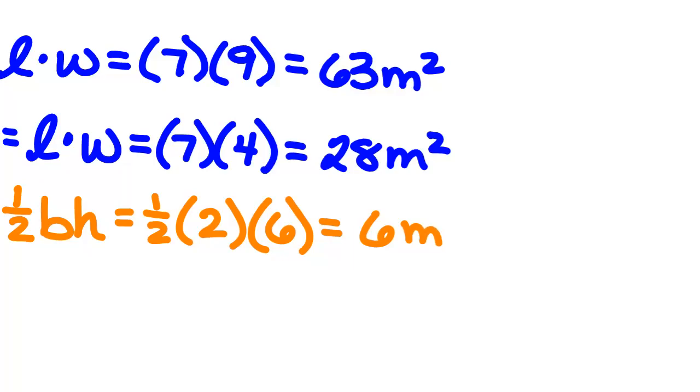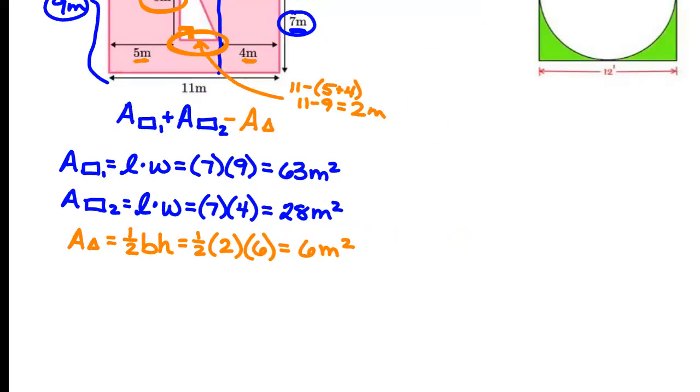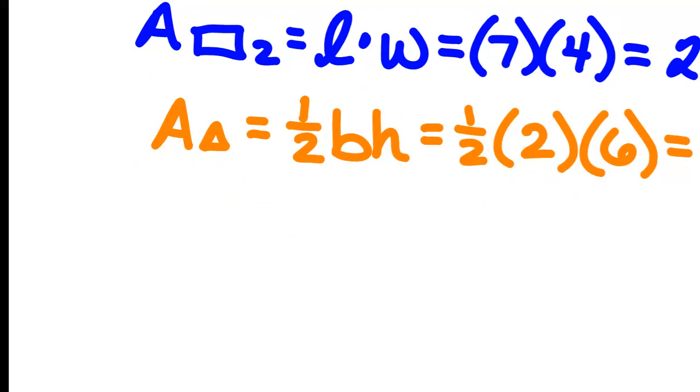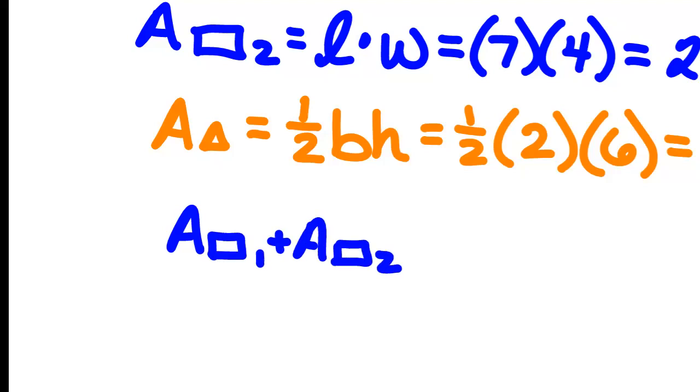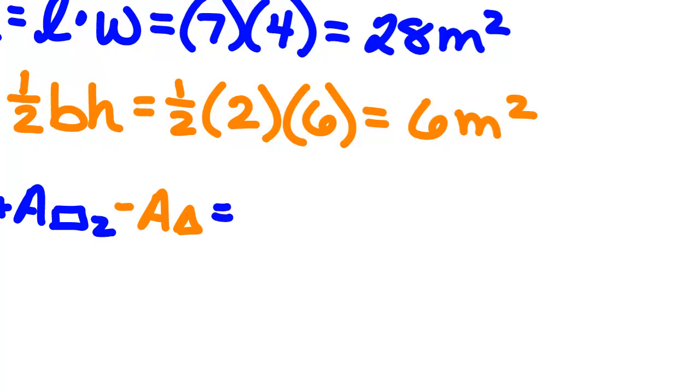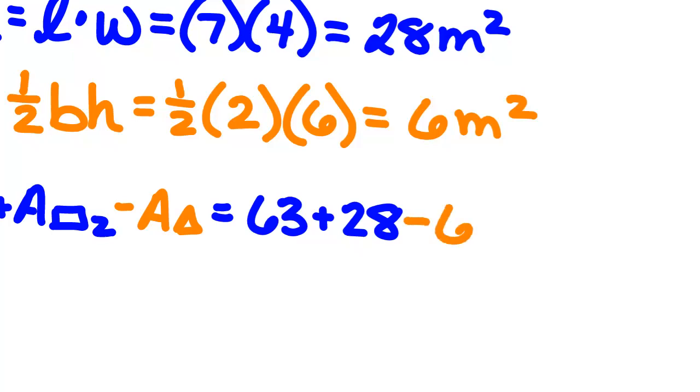6. We have 6 meters squared. All right, we are ready to find our composite area, the area of rectangle 1 plus the area of rectangle 2 minus the area of the triangle would be 63 plus 28 minus 6.